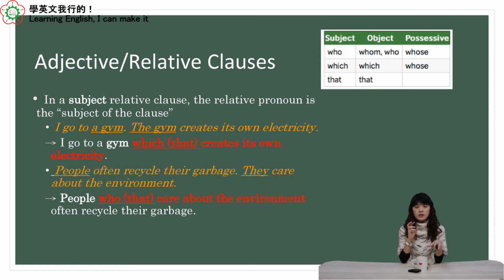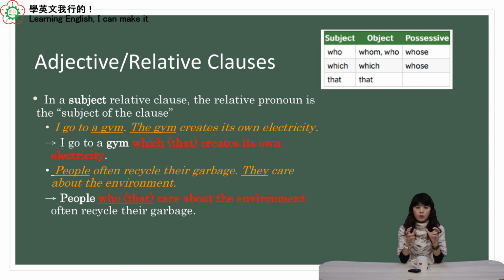Here we know "they" represents people in the first simple sentence. We want to put them together, so we use a relative pronoun to combine the sentences. And people is a person, so we use the pronoun who. So you can say: People who care about the environment often recycle their garbage.